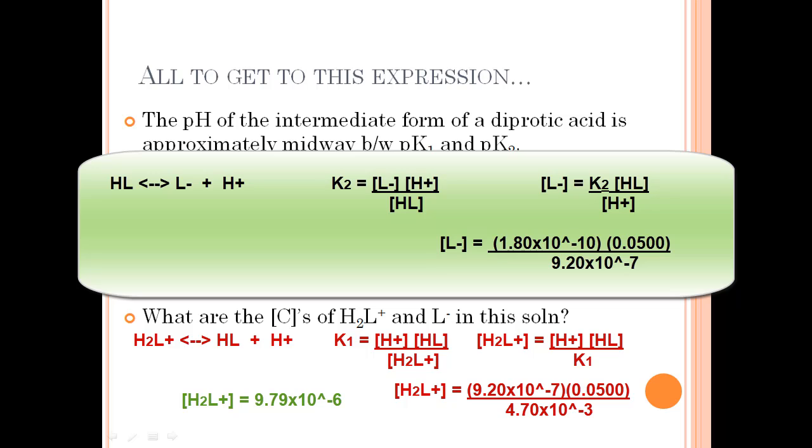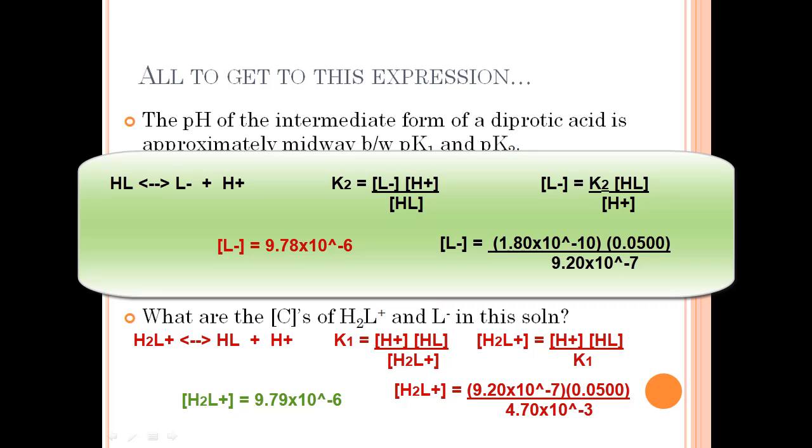If we solve for L minus, then you would get K2 times HL over H plus, of course using 0.0500 again for the concentration of HL, using the K2 that you know for leucine, and using what you calculated for H plus, 9.20 times 10 to the negative 7. Multiply and divide all that out, you'll get 9.78 times 10 to the negative 6 molar for the concentration of L minus.